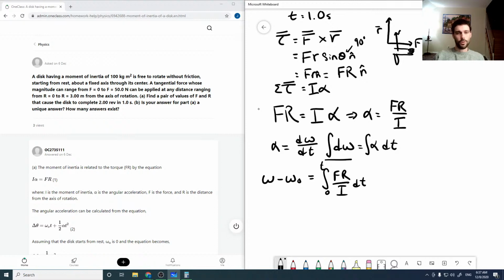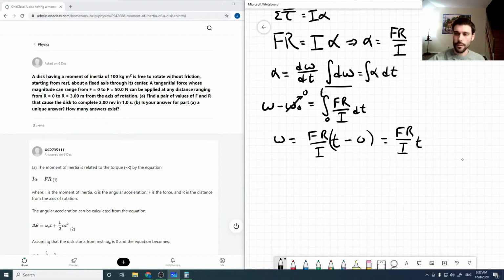I'm going to leave it as t for now, even though the question gives 1 second. The question also tells us that we start from rest, so omega naught is 0. And so omega is Fr over I, as these come out of the integral, times t, minus 0, as we're going from 0 to t. So it's just Fr over I t.